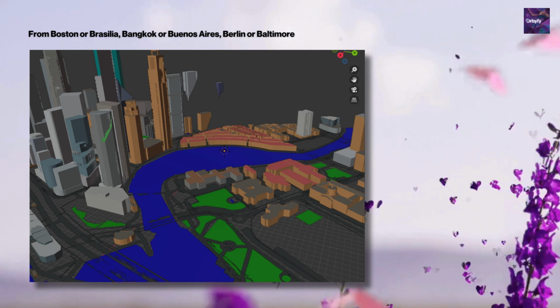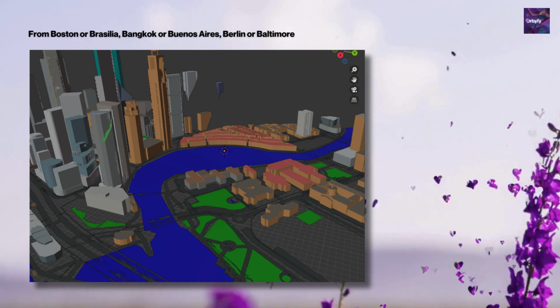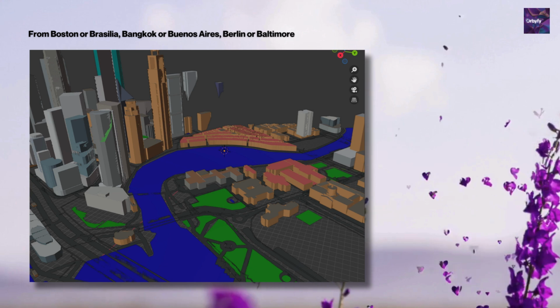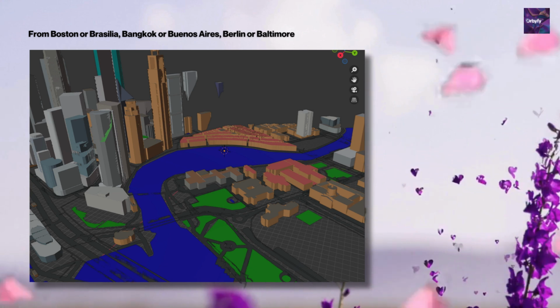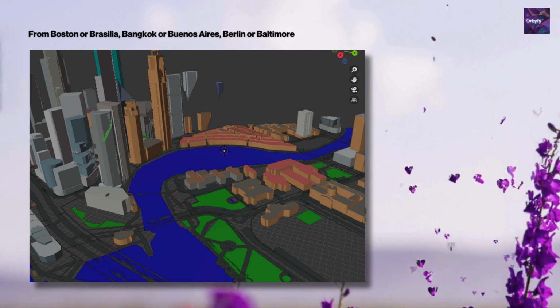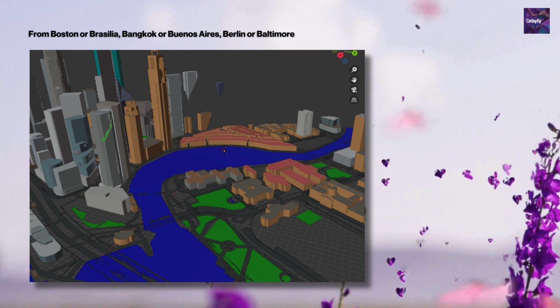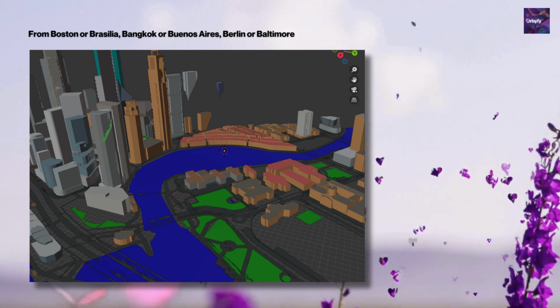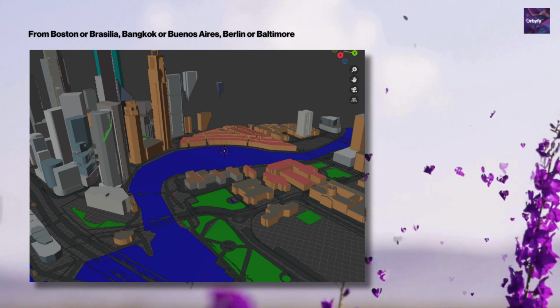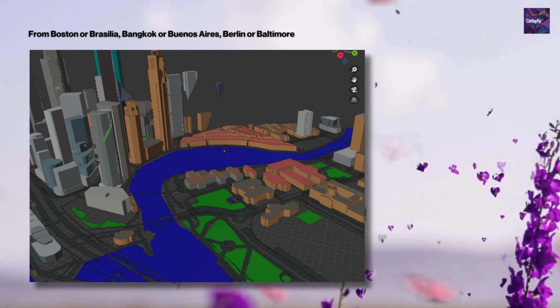So I promise we're going to dive much deeper into our technology in the next sections, but the outcomes are truly powerful, right? With Orbyfy, I can create a 3D model of an entire city. Again, whether it be Boston, Brasilia, Bangkok, Berlin, Baltimore, there's a lot of B's in there. I think I've happened to live in mostly cities beginning with the letter B in my life.